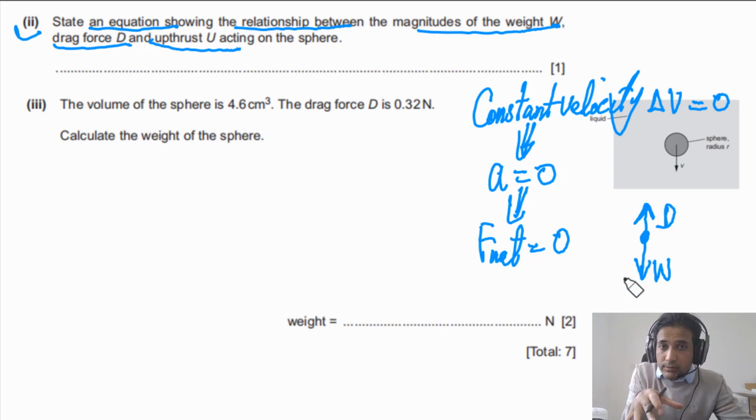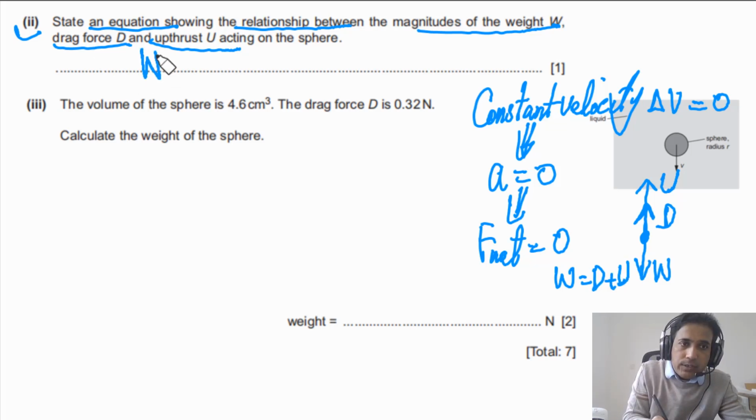And the sphere is in the liquid, so there is an upward force due to the liquid. That force we call upthrust. So this is the upthrust. If there is no net force, it means that W is equal to drag force plus upthrust.